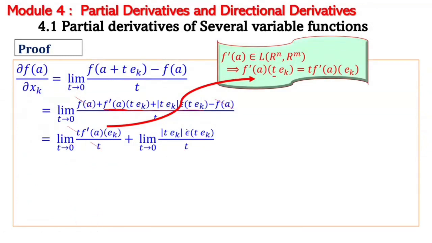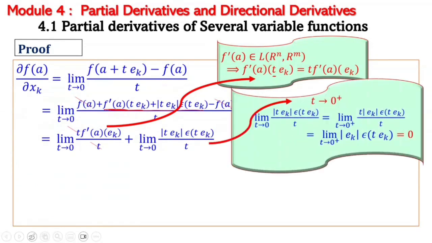and then we have to check what the limit is. To calculate the limit, we'll consider two cases. First, consider t is greater than 0. Therefore the absolute value of t e k over t goes to the absolute value of e k epsilon t e k over t. Now this t cancels out.